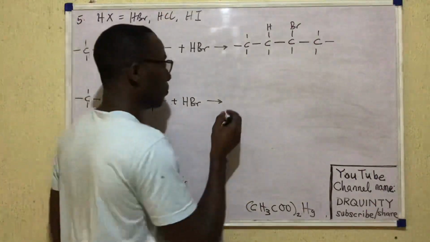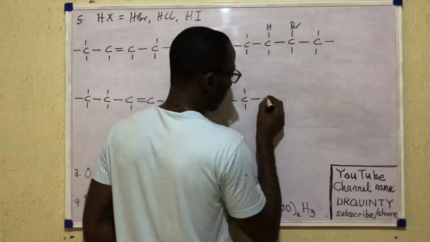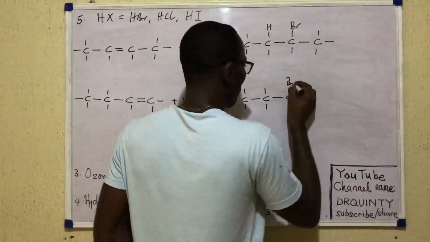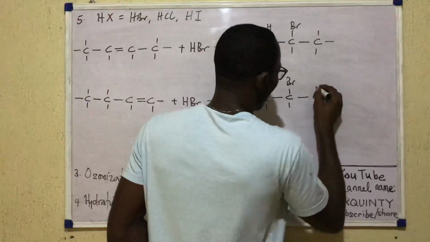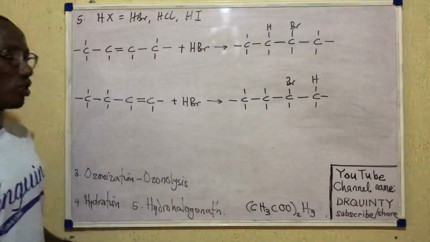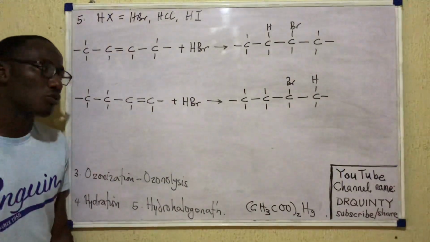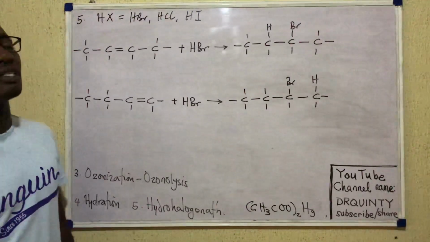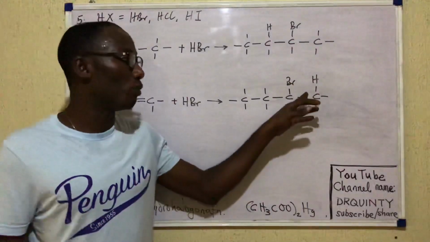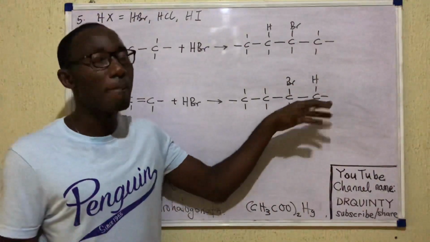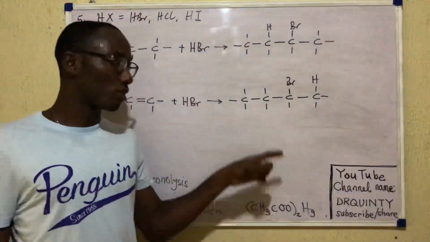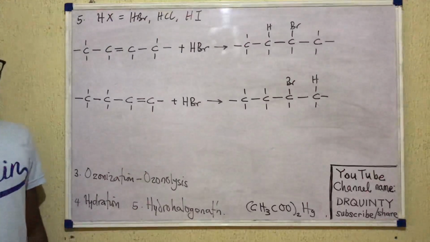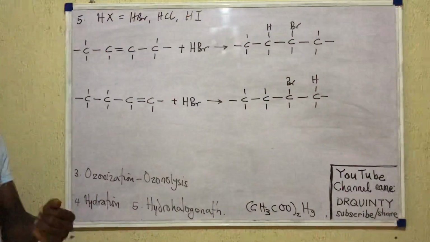So we draw the product of that reaction like this: CH3, CH2, C with bromine, and then C with hydrogen. So I have given you 2-bromobutane as the major or predominant product. The 1-bromobutane, which is the other possibility, we call the minor product, but this is the major product.